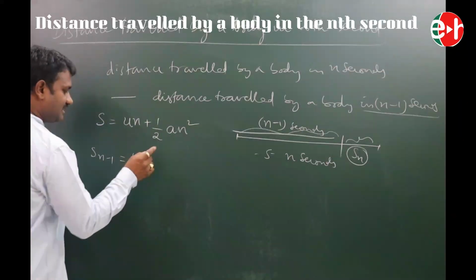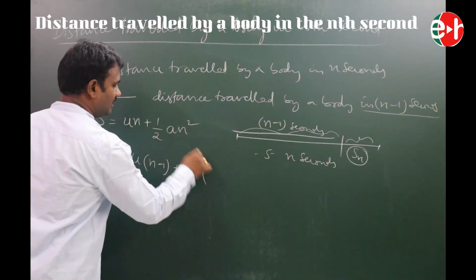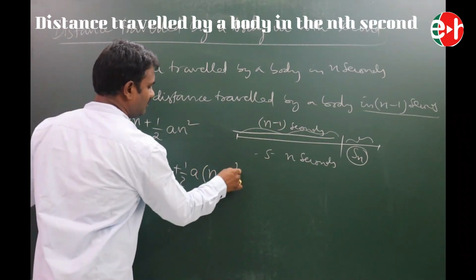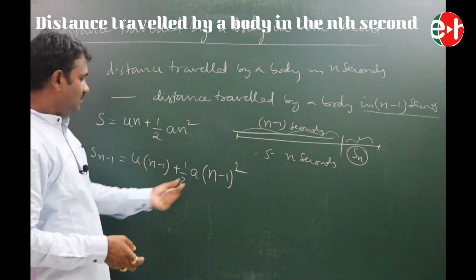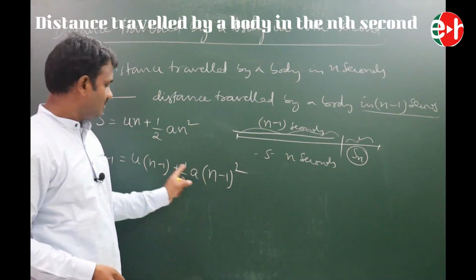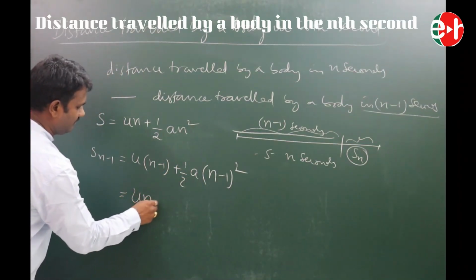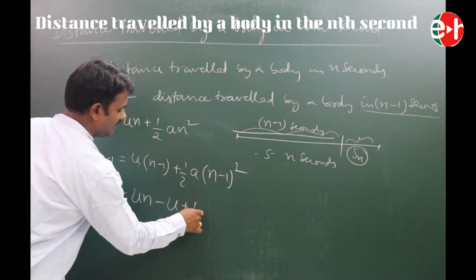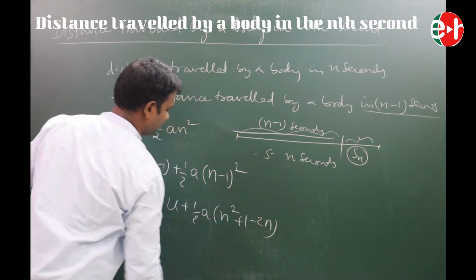So u into, instead of t, I am going to place n minus 1, plus half into a into, instead of n, I am going to place n minus 1 whole square. So now what you have to do? Just square it, open the bracket, and you will get it. This is un minus u plus half into a into n square plus 1 minus 2n.